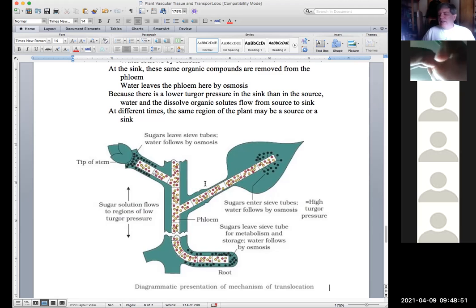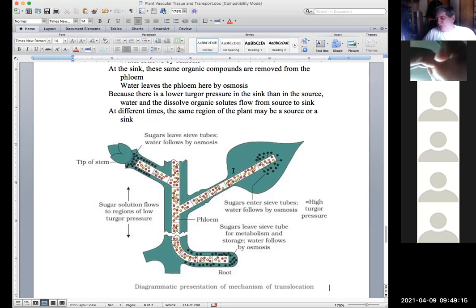So when you hear high and low, you should think of our discussions in 105 about diffusion and osmosis. What do we know? Things move from where they're at high levels to low levels. So this means that the material flows in the direction of a sink and it flows from the source.